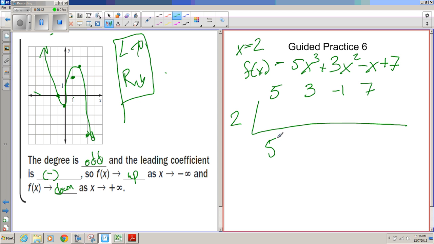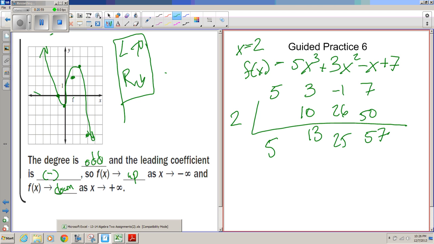So drop down the leading coefficient and multiply. So 57 is the right answer. That is using synthetic division.